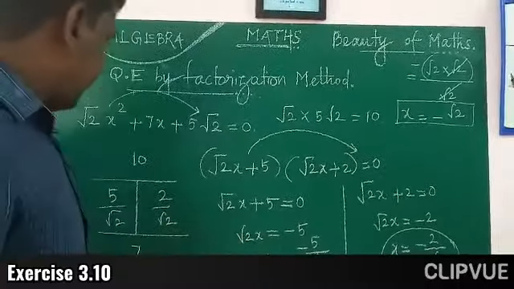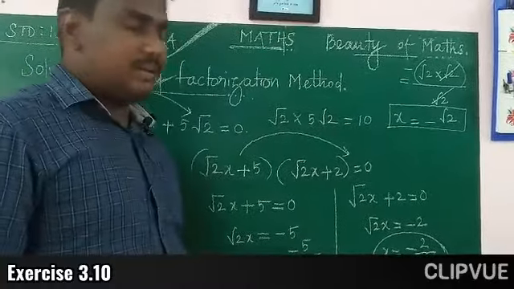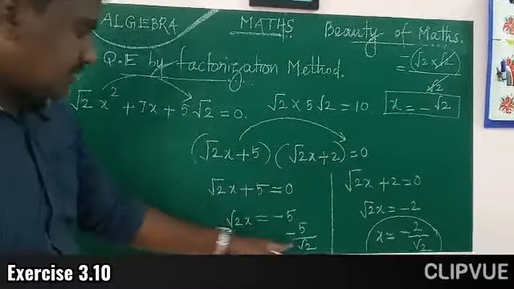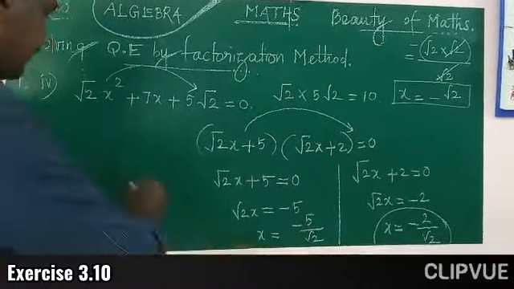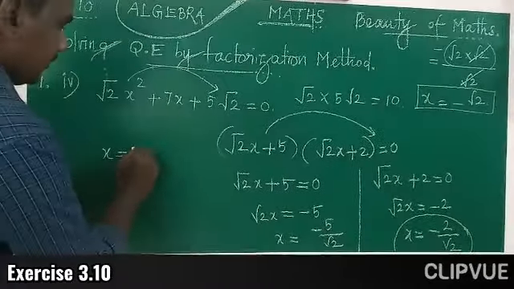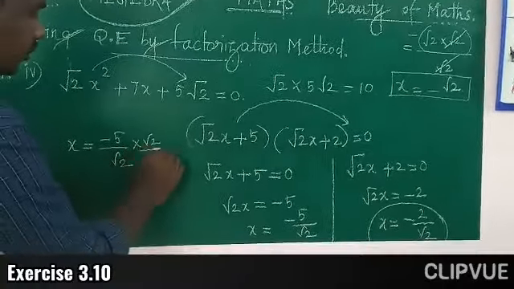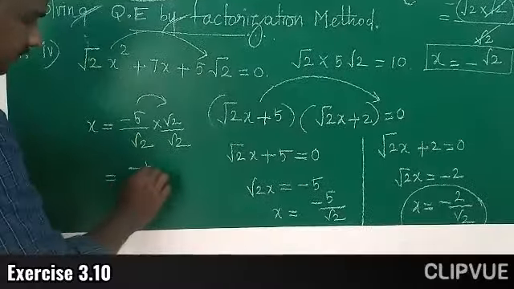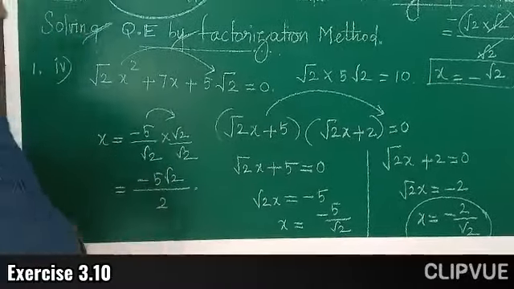We can simplify it. Actually, we have an irrational number in the denominator, so convert it into a rational number. How can we convert? This root 2 is there in the denominator. If you multiply and divide by root 2, x is equal to minus 5 root 2 divided by root 2 into root 2, which is 2.